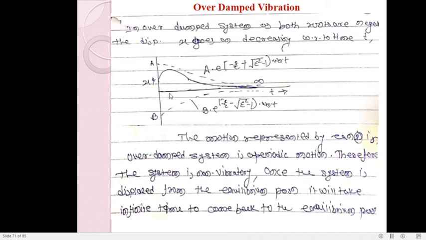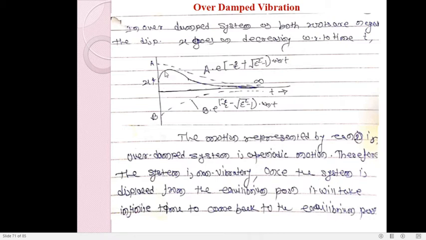Initially, when we give a certain displacement to the system, it will move and try to come back, but it will never overshoot. It will not perform repeated motion, and only for one cycle it will show all these things.